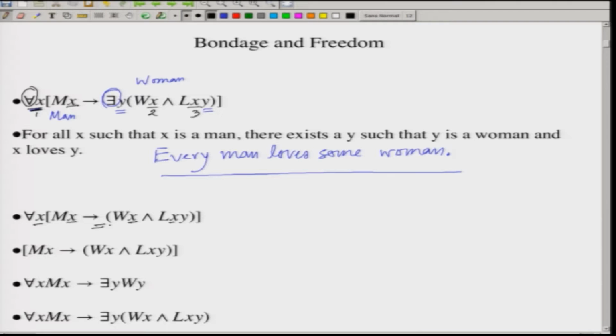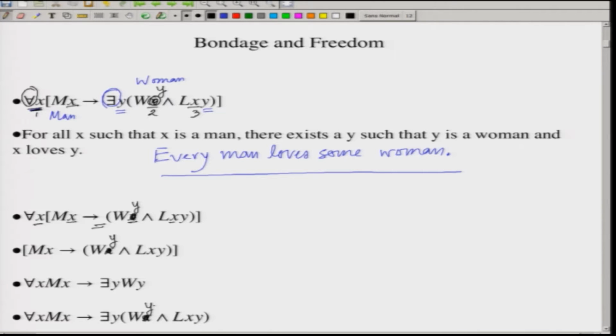Now, what does it mean? It means that for all x, if x is a man, then x is a woman, and I think we need some correction. Here instead of x, this should be y, and if we correct here also, we change all x's to y, otherwise it does not make much sense. I made a mistake in typing.